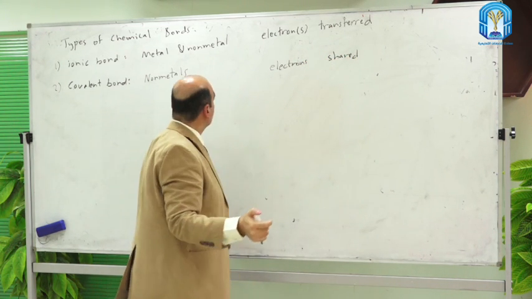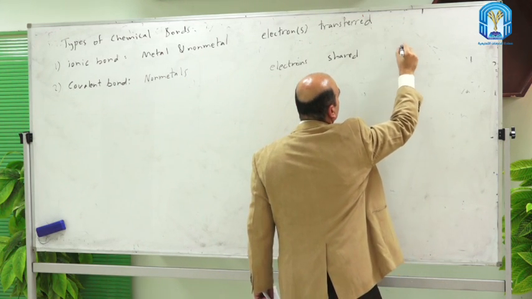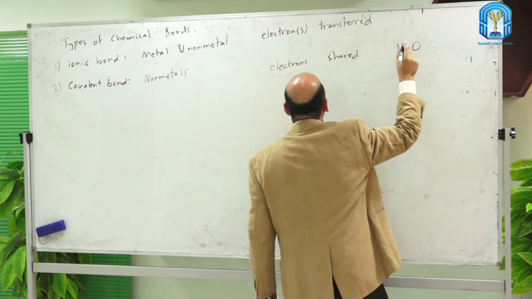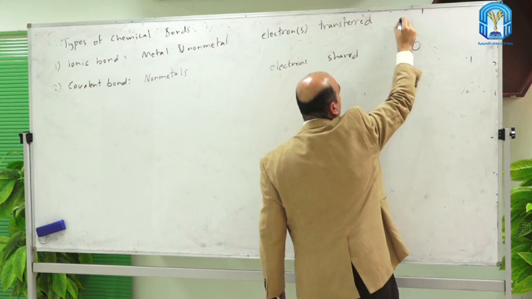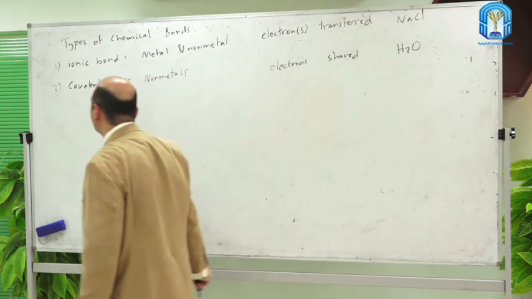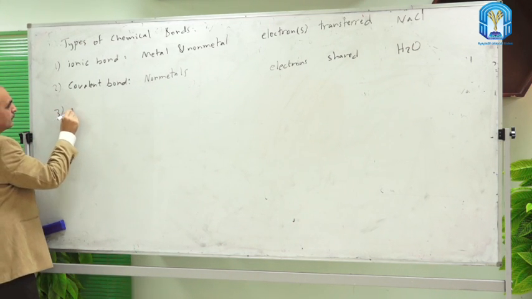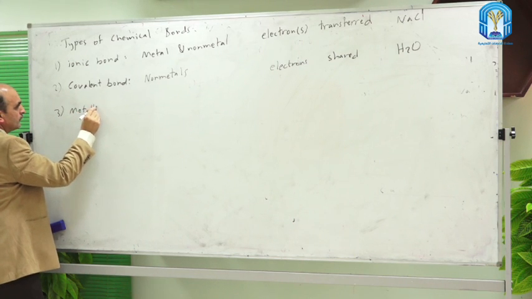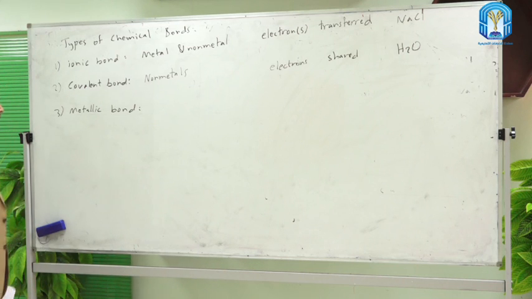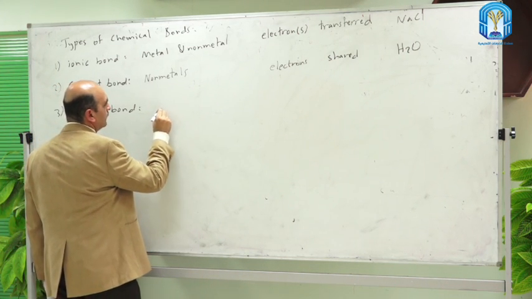For example, for covalent bond, H2O; ionic bond, NaCl; and the third type is the metallic bond, which is formed between metal and metal.